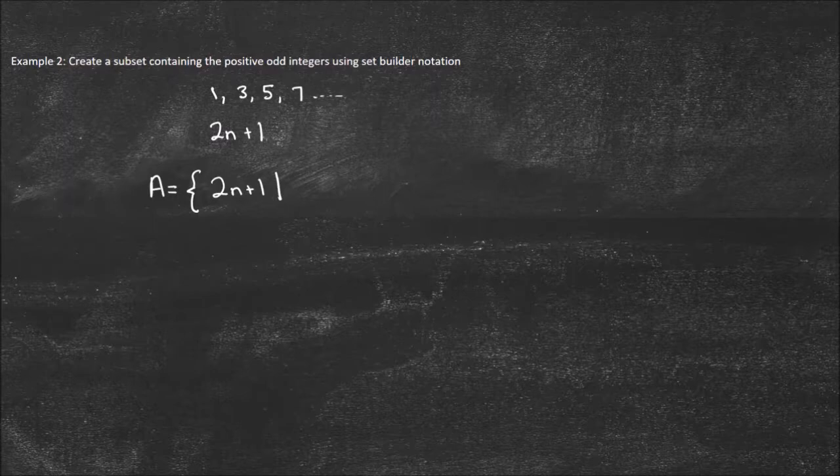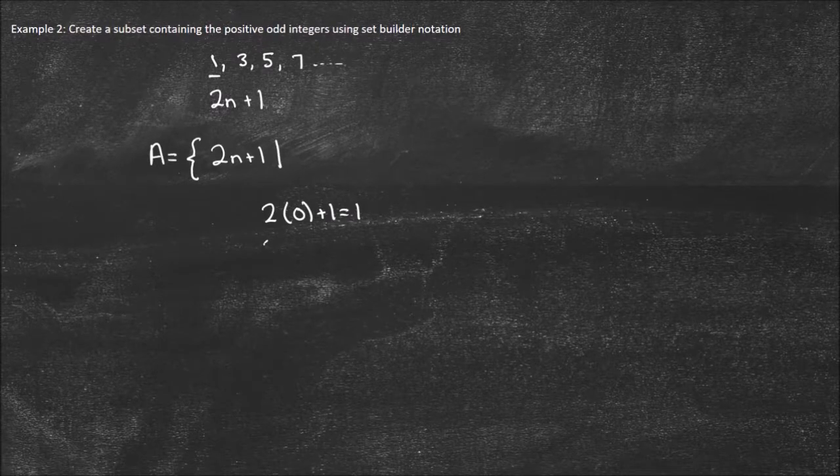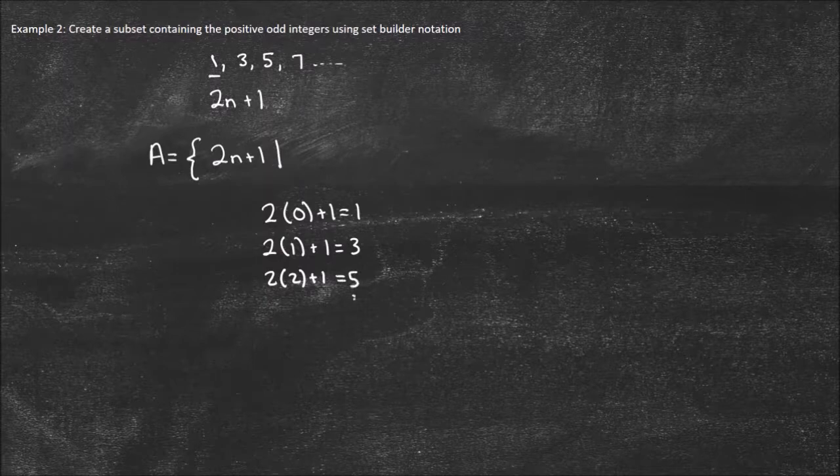Because when n is 0, I get that first 1, since 2 times 0 plus 1 equals 1. So what kind of set do I need to write to include 0 but not include anything else? It can't include -1 or -2, but it includes 1 because that'll give me the 3, and then 2 times 2 plus 1 gives me the 5, and so on. This gives me the pattern I need. That's why the rule is 2n plus 1.